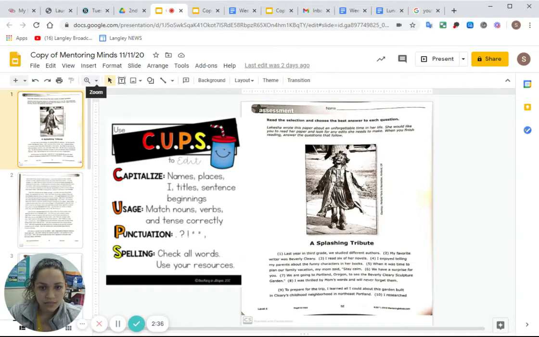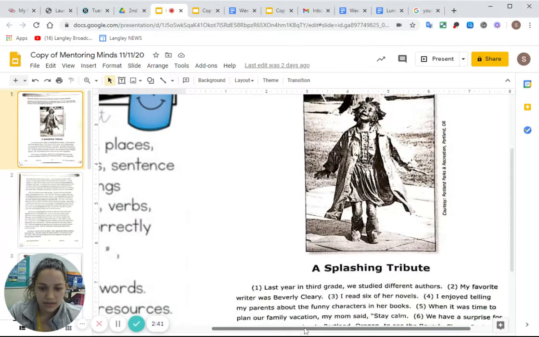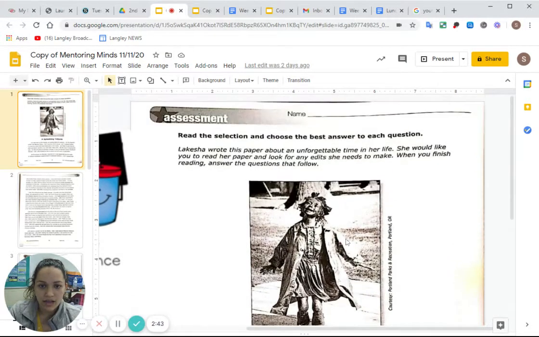The first thing we need to do is read the top section up here on this slide. It says, read the selection and choose the best answer to each question. Lakeisha wrote this paper about an unforgettable time in her life. She would like you to read her paper and look for any edits she needs to make.